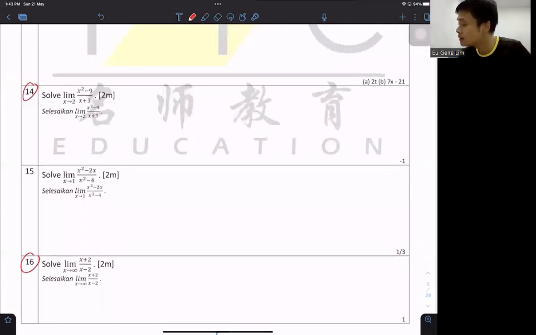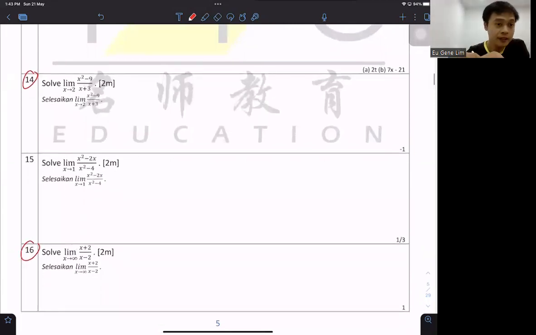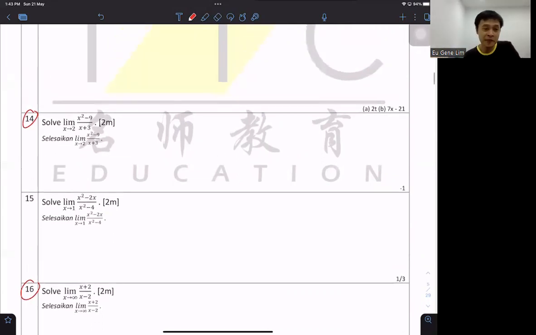Limit. Okay, now how to do limit? I give you the most basic situation first. Actually, the basic is very simple. Let's say limit x arrow 3 of x minus 5, a very simple example first.